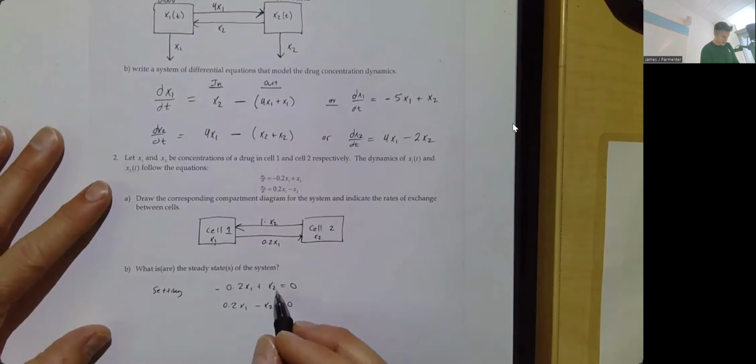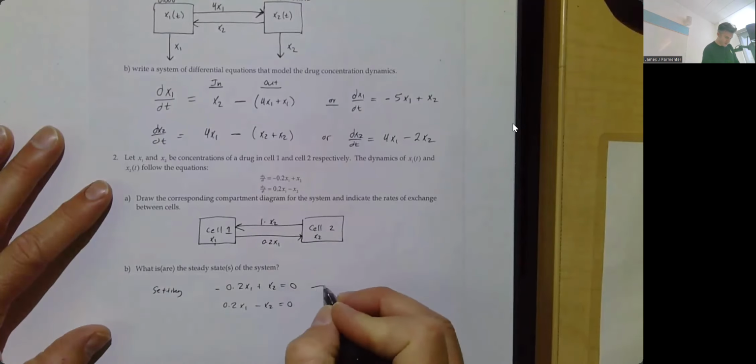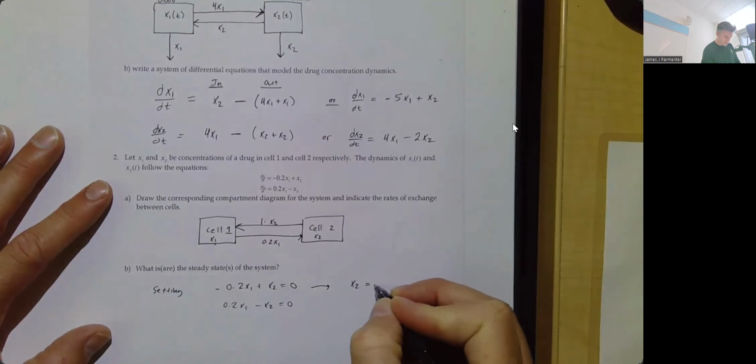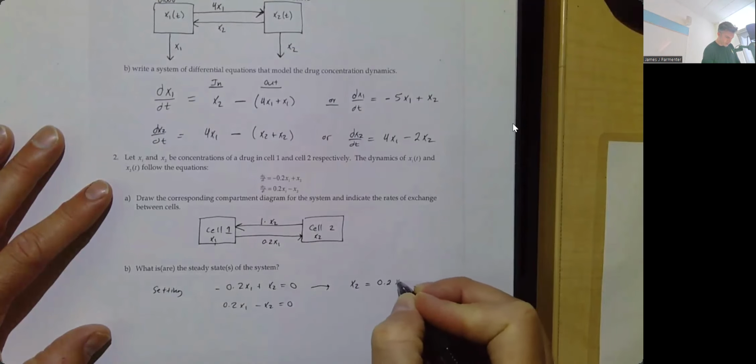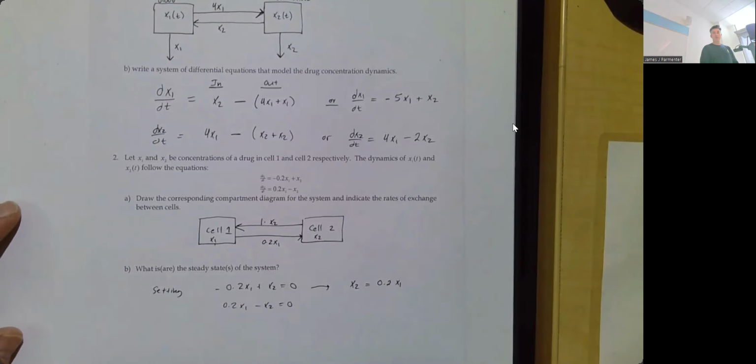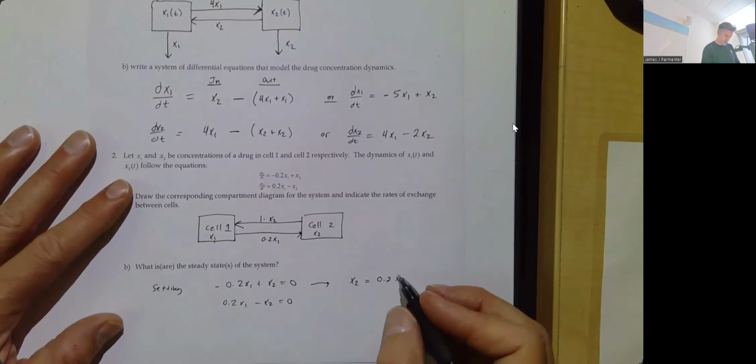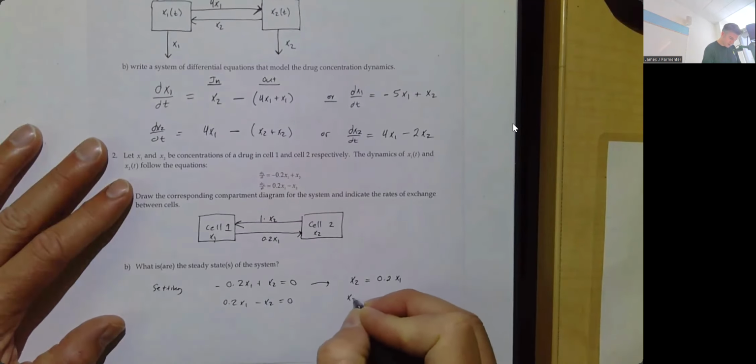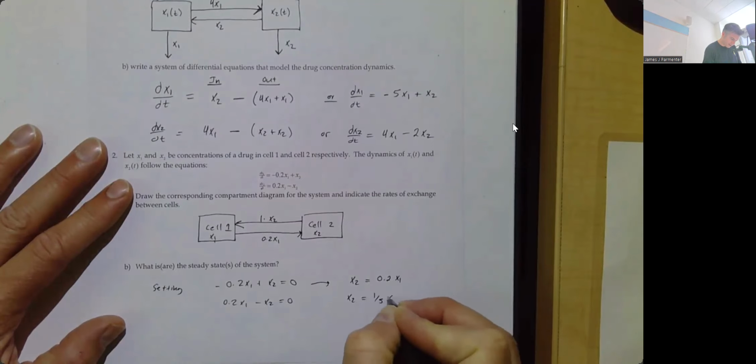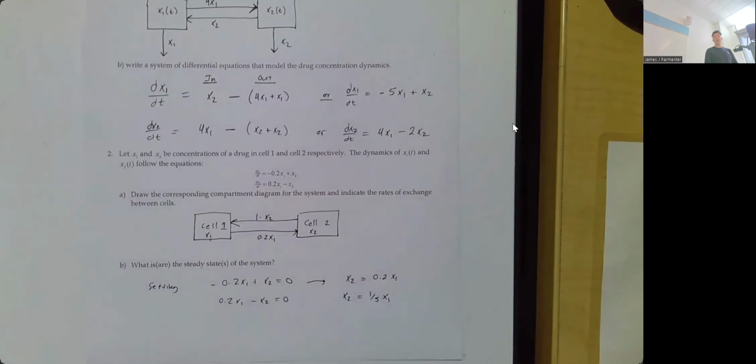So if I solve for X2 here, I get X2 equal to 0.2 times X1, or if you prefer, X2 equal to 1/5 times X1. So really, any situation where the amount of X2 is 1/5 the amount of X1 is a steady state.